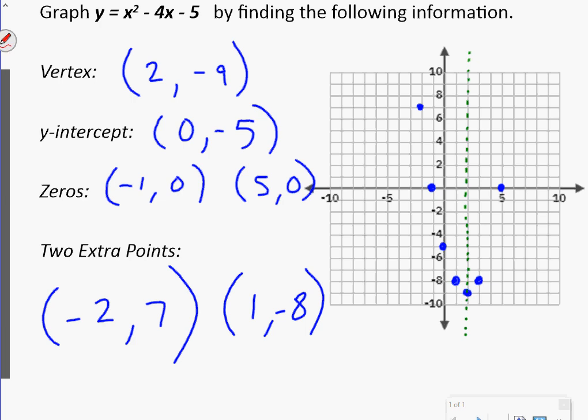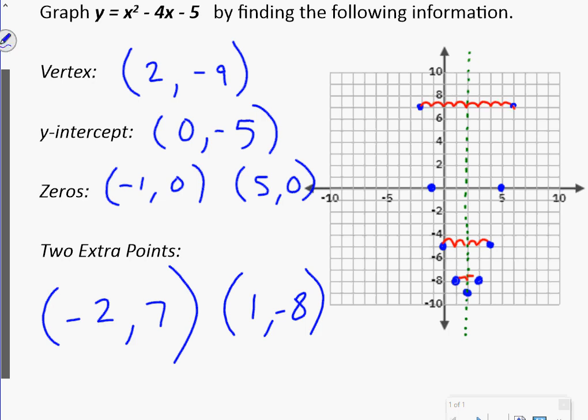The distance from the AOS to this point is 1 away. For this point, we're 2 away, so if I go 2 more this way, I can put another point here as well. And all the way up at the top, this is 4 away, so I can make another point 4 away on the other side as well.